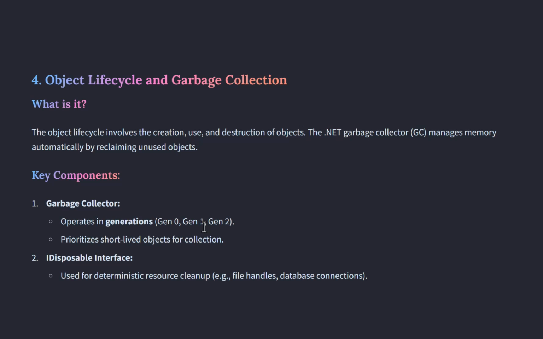Generation 0 contains short-lived objects, like local variables. Generation 1 acts as a buffer between short-lived and long-lived objects. And on the other hand, generation 2 contains long-lived objects, such as static data or application-wide objects. Objects that survive garbage collection in generation 0 are promoted to generation 1, and so on.